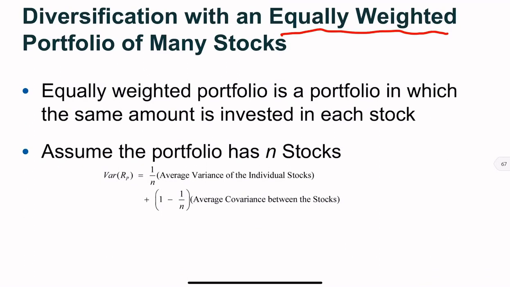So this section is actually required, and it's actually quite important. So first, what is the equally weighted portfolio? Well, this is easy, right? It basically means that you put the same amount of money in each investment, in each stock in your portfolio, right?